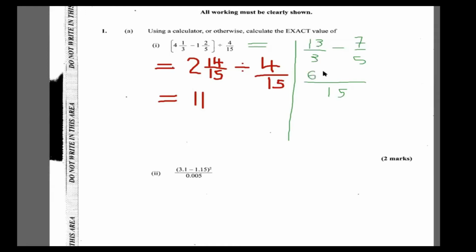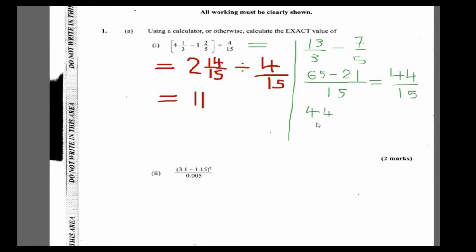5 times 13 is, I believe, 65. Minus 5 into 15, and that goes 3 times. 7 times 3 is 21. So this works out to be 65 minus 21, and I believe that is 44 over 15. Now you have 44 over 15, and then that is divided by 4 over 15.